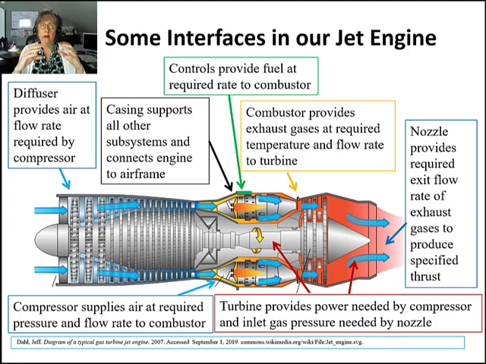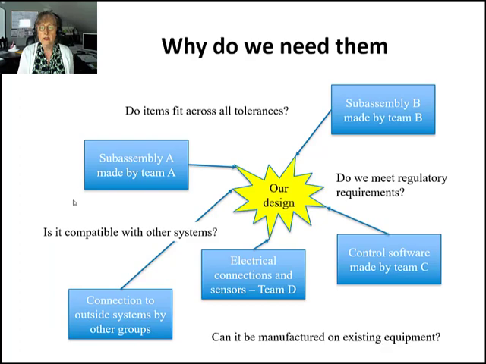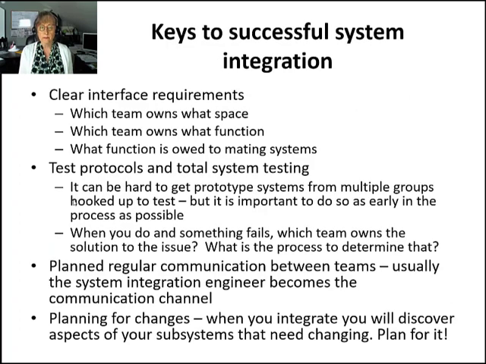Then they communicated that information in the form of requirements and constraints to the various subsystems so that they could design their subsystems to perform the required function and have the appropriate interfaces between components. This is really very necessary.